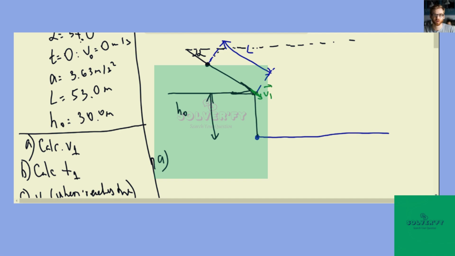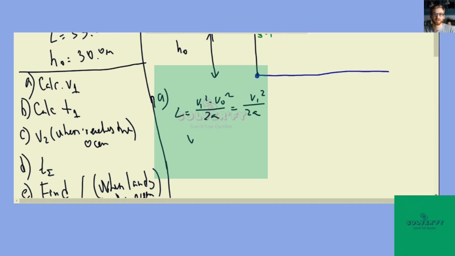So this velocity v1 can be calculated as follows: the length of the cliff L equals v1 squared minus v0 squared divided by 2a, or, due to the fact that the initial velocity is 0, it is v1 squared over 2a.